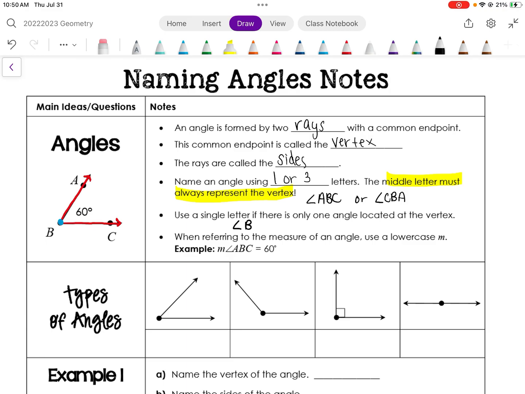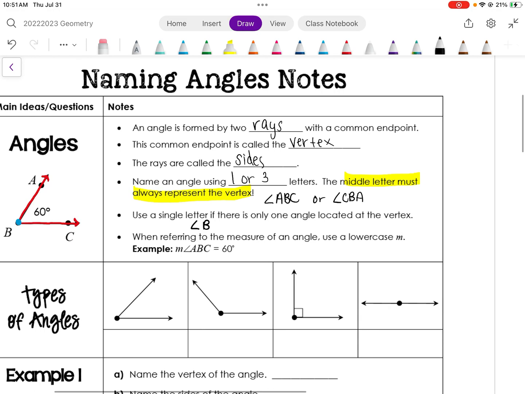So what it means by only one angle at the vertex, if I had something like this, let me show you. You can draw this with me if you would like. Let's throw some letters in here: A, D, B, C. If I had something like this, the vertex is obviously D, but there's actually multiple angles here.